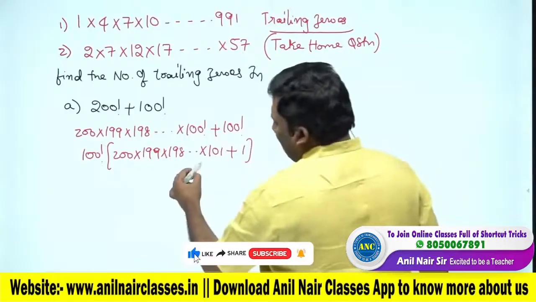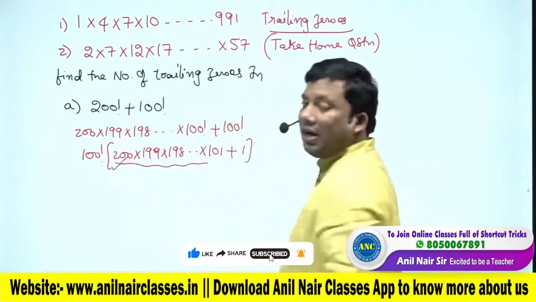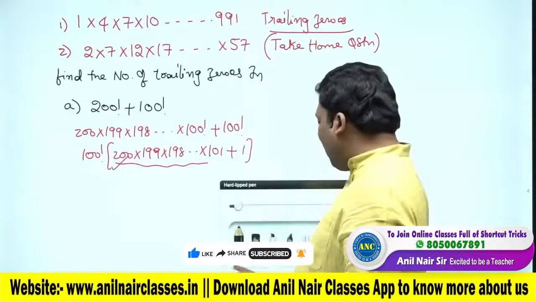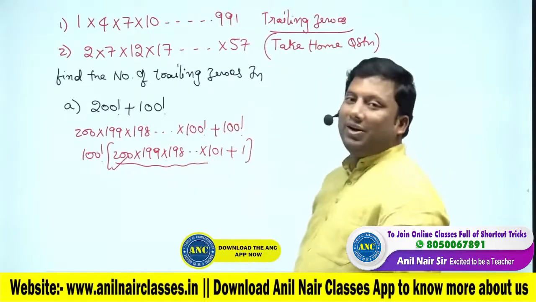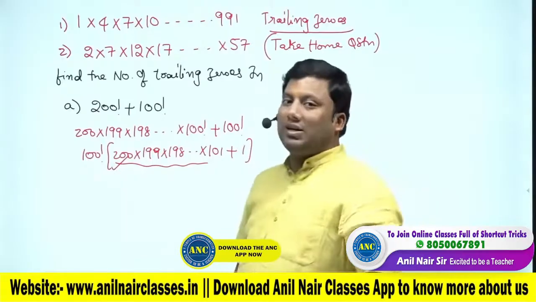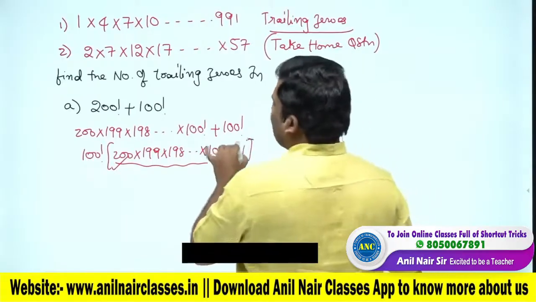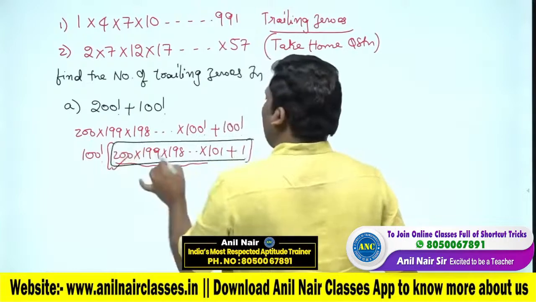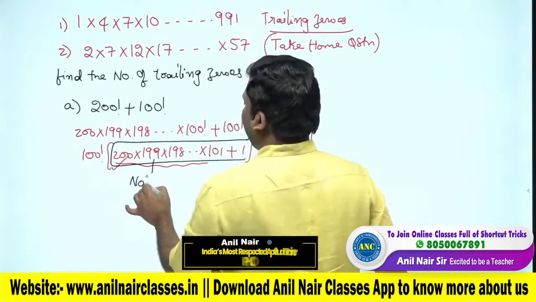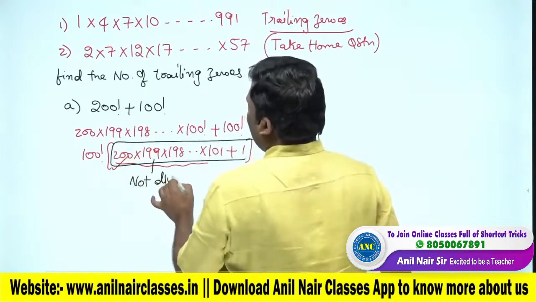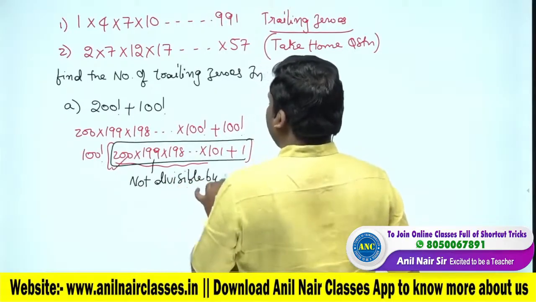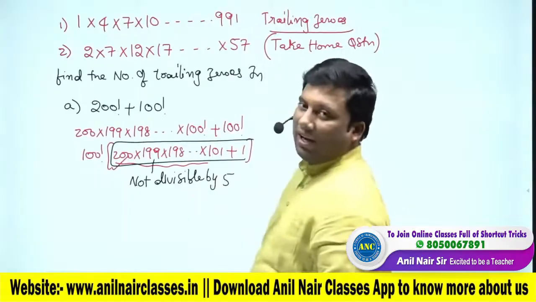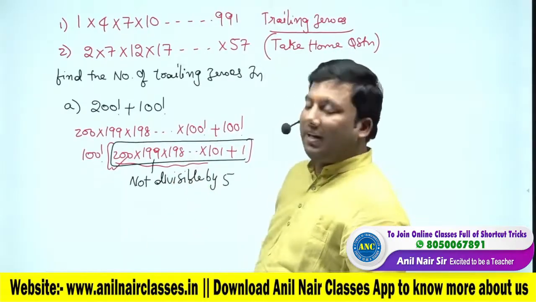So this is a multiple of 5. 200 contains a power of 5. It is a multiple of 5, and I am adding 1. If I add 1 to a multiple of 5, the result is not divisible by 5. Why? Because 200 into any number is divisible by 5, and adding 1 means it is of the form 5a plus 1.